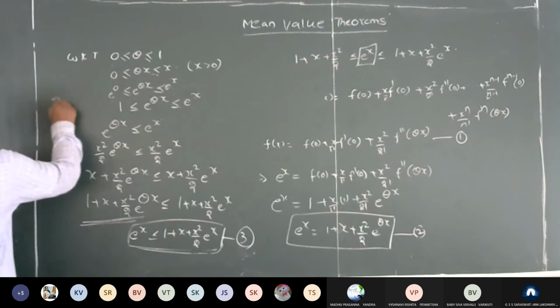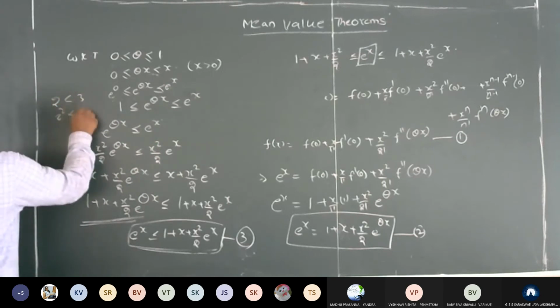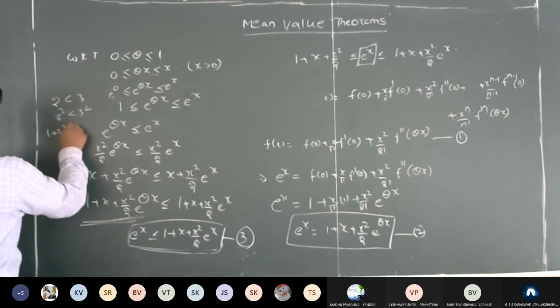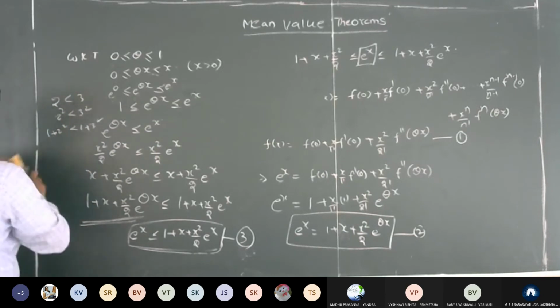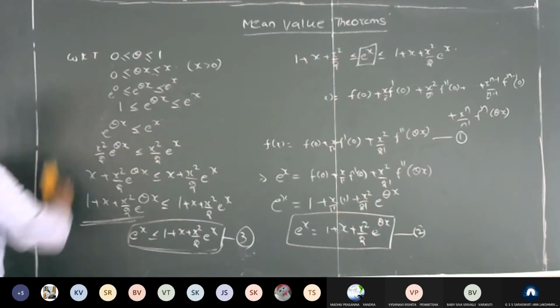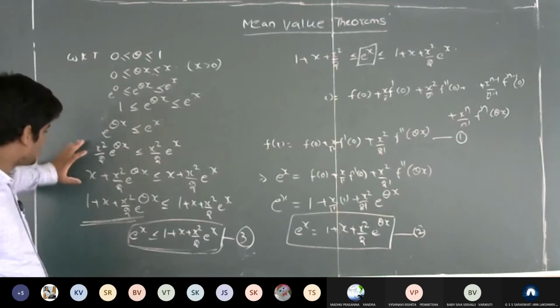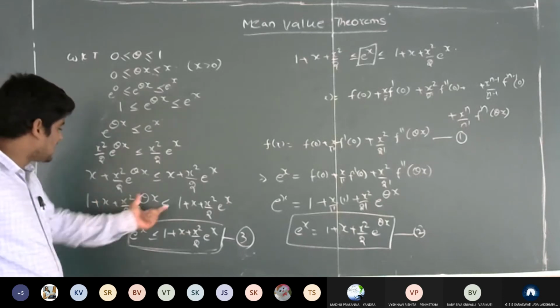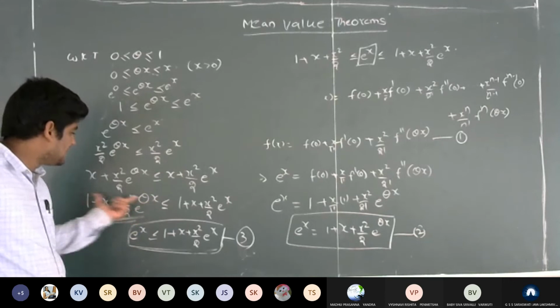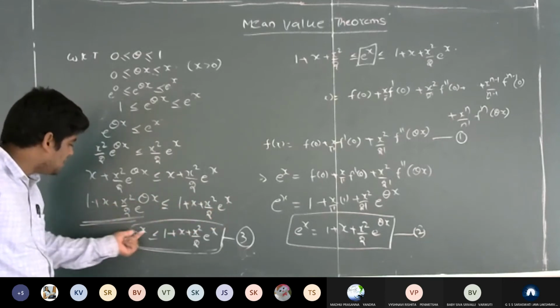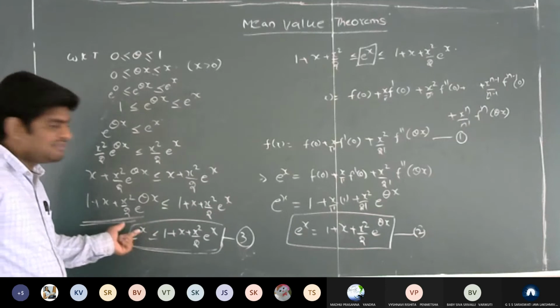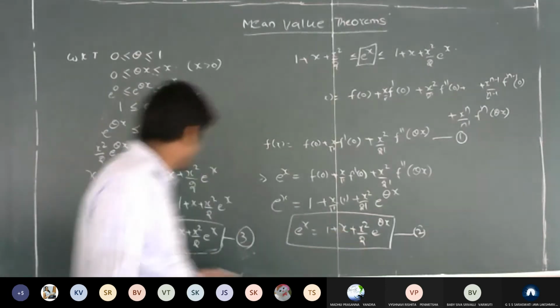Because suppose we have 2 less than 3, 2 square less than 3 square, 1 plus 2 square less than 1 plus 3 square. So like that, it is valid. Also x is a positive quantity. So because of that reason, I am adding the terms, and finally I am getting this term less than or equal to this one. But what is this value? This is the value of e power x. Already we obtained this value. So this is equation number 2.